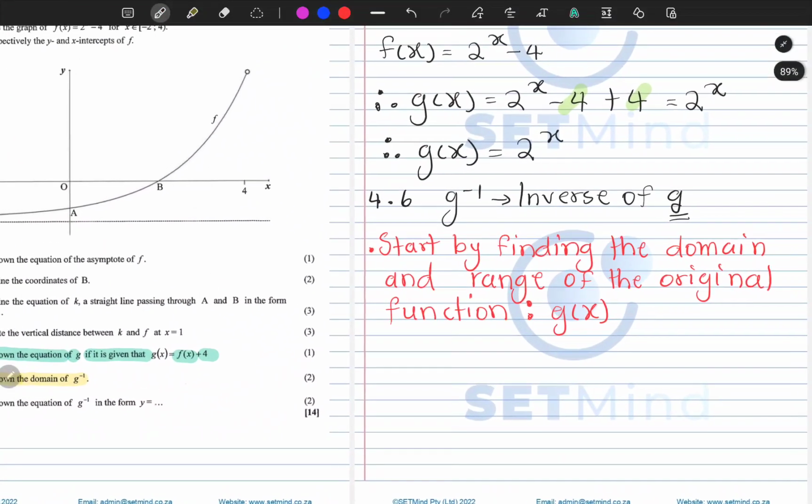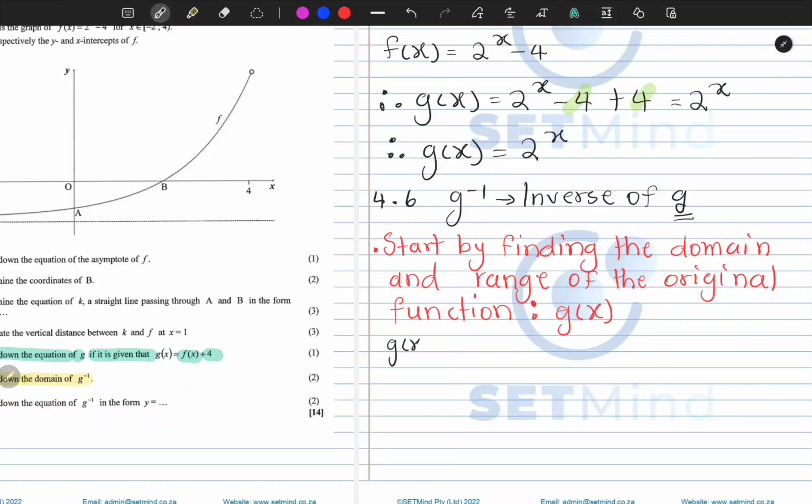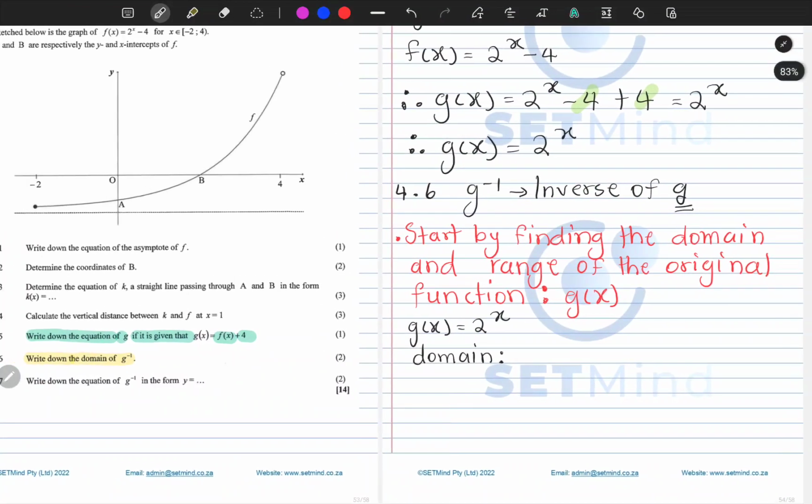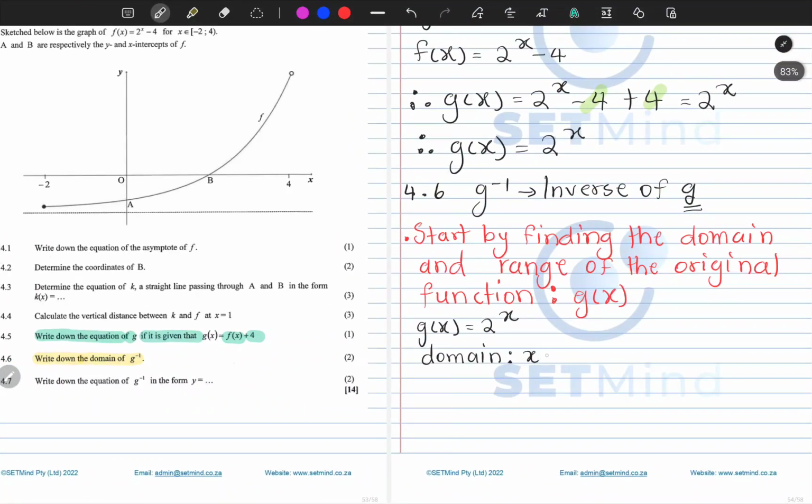So when we look at our g of x, which is 2 to the x, what we can clearly see is that for the domain, remember that the domain is all the possible x values. So for the domain, we can clearly see that there's no x value which we are limited to.